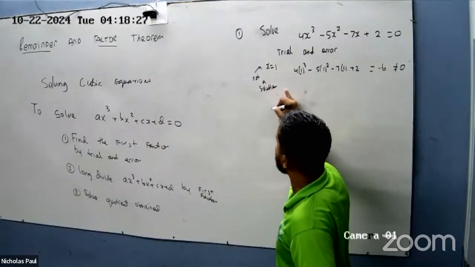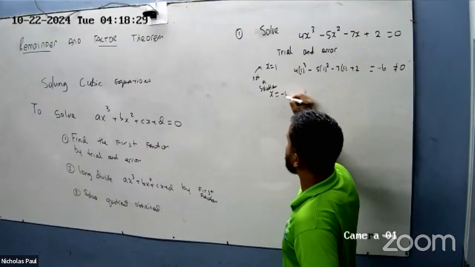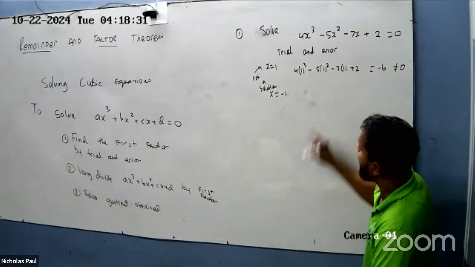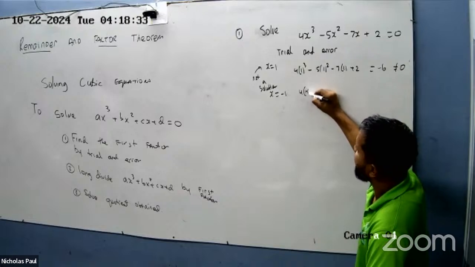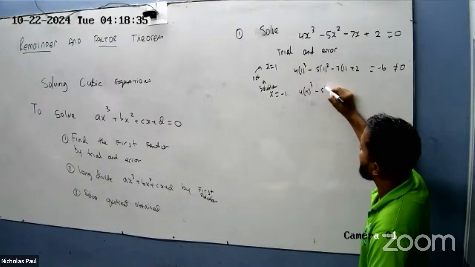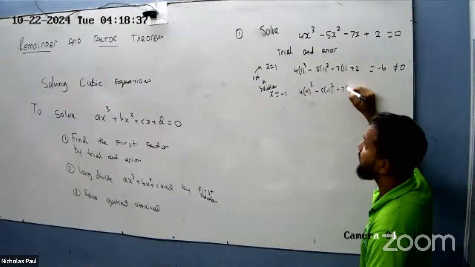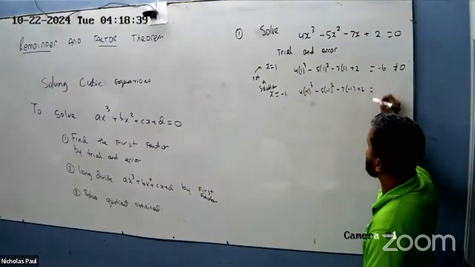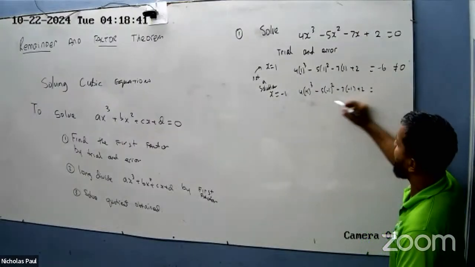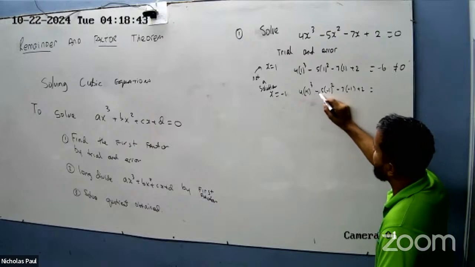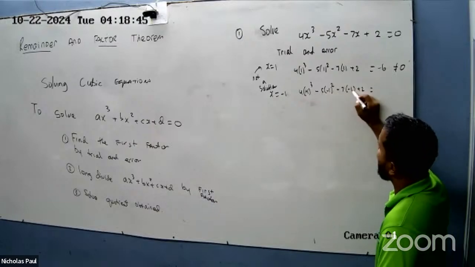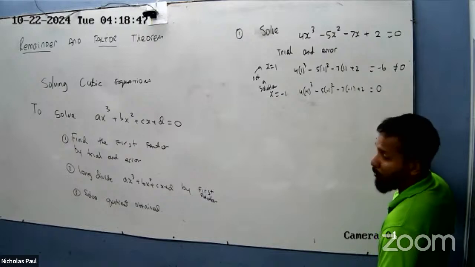Let's try x is equal to minus 1. Let's plug minus 1 in there: 4 by minus 1 cubed, 5 by minus 1 squared, 7 by minus 1 plus 2. So this is minus 4 minus 5 plus 7 plus 2, which is 0.